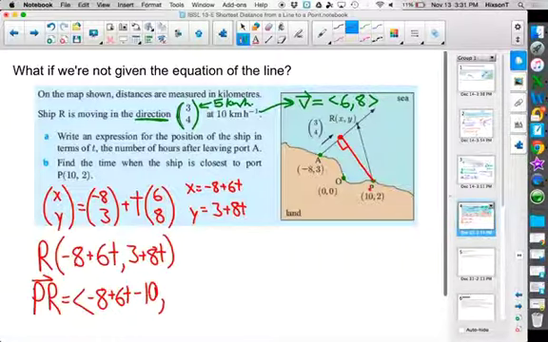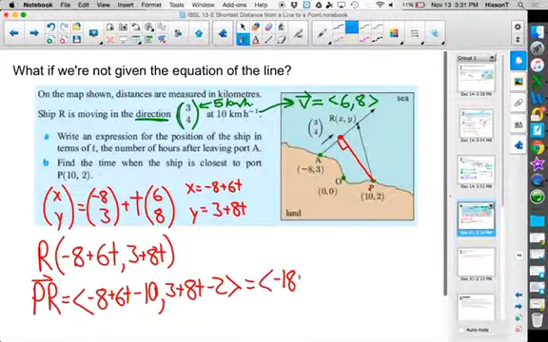And then, what's our y component, our vertical component? 3 plus 8t minus 2. So in the end here, PR is the vector -18 plus 6t and 1 plus 8t.